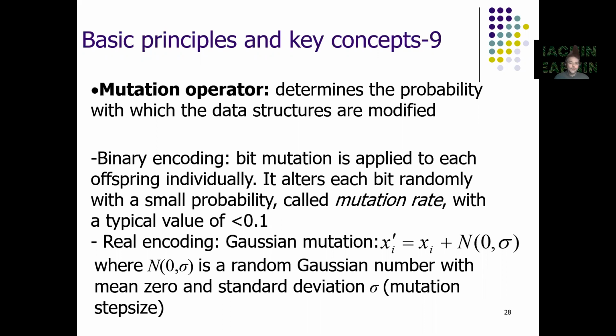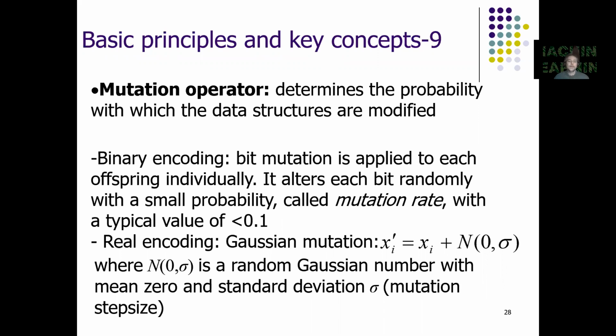So we alter randomly one bit. The alteration happens with some kind of probability. In this context, this is called the mutation rate. And we use small values for the mutation rate because, as I said, mutation in a typical GA is not an operation that we want to happen frequently.